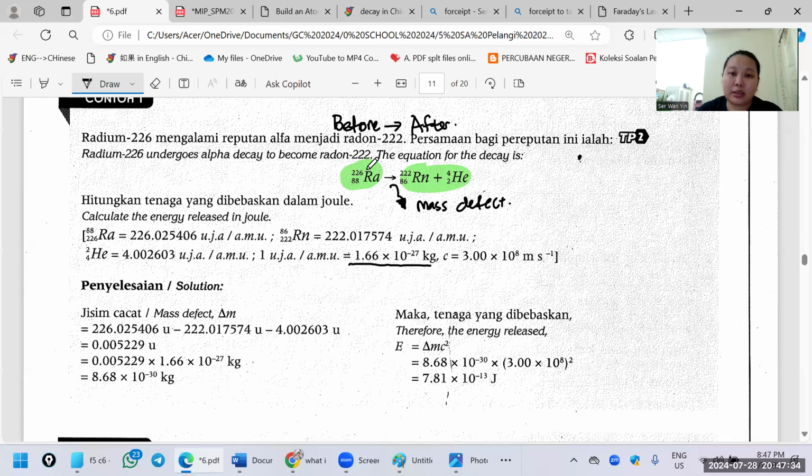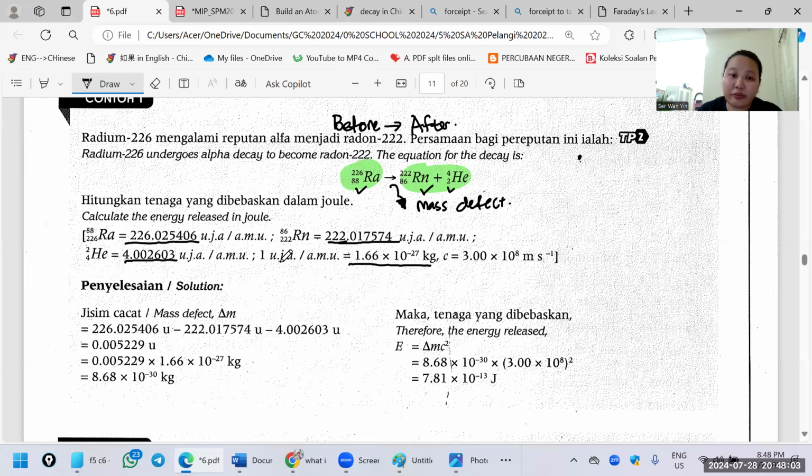How much mass is lost? So look at this. Radium, Ra, is 226.025406. It becomes radon 222.017574 plus 1 helium. You'll find out if you add these two together, it cannot equal this one, so surely something is missing.